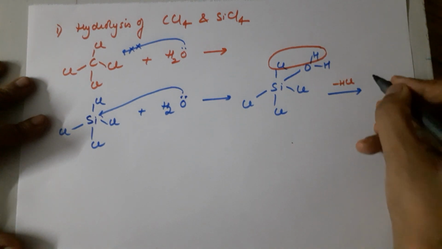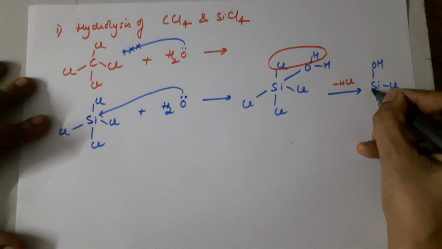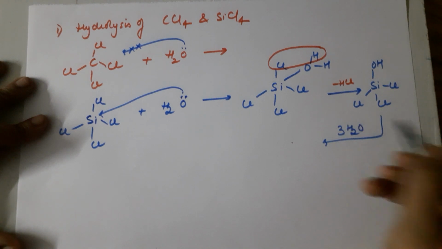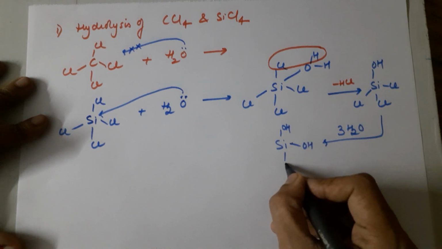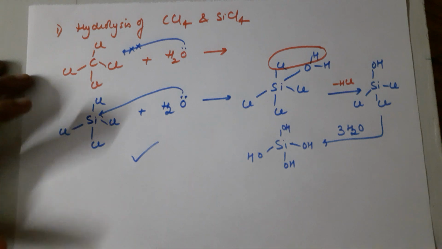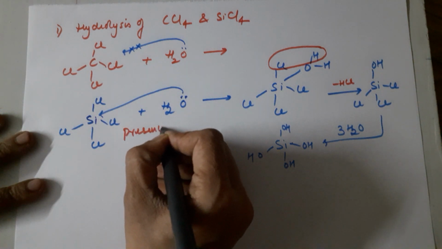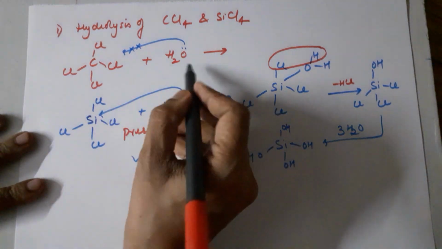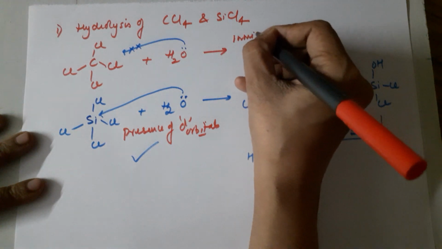to form a compound with 3 chlorines and 1 OH. This reaction will continue with 3 water molecules and finally you would end up in silicon tetrahydroxide. So hydrolysis is a property of SiCl4 due to presence of d orbitals, whereas CCl4 does not react with water, it leads to immiscible layers.